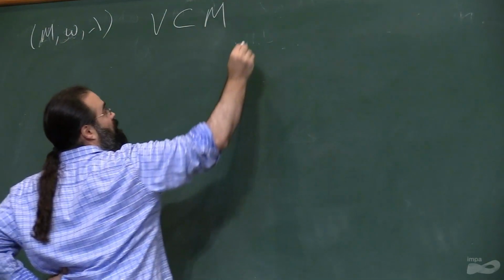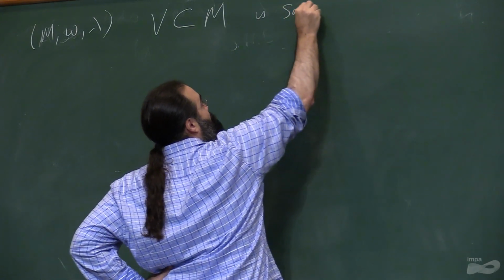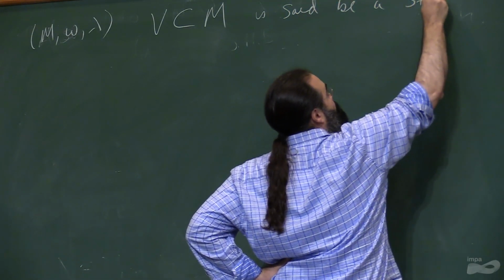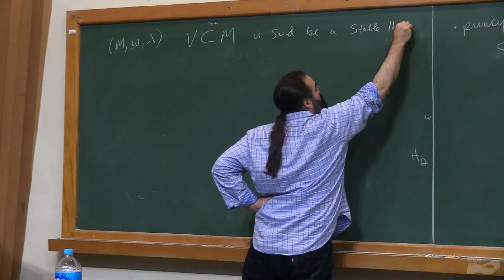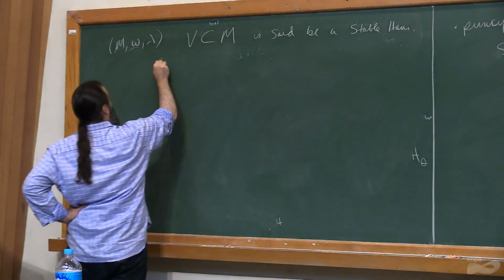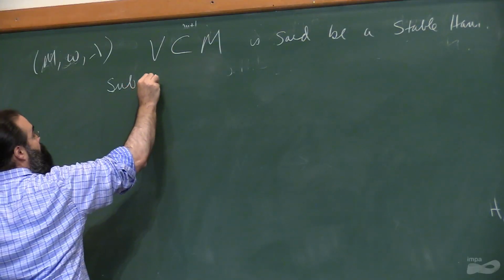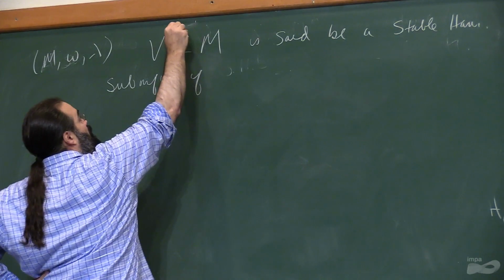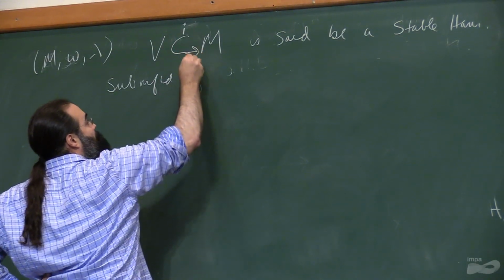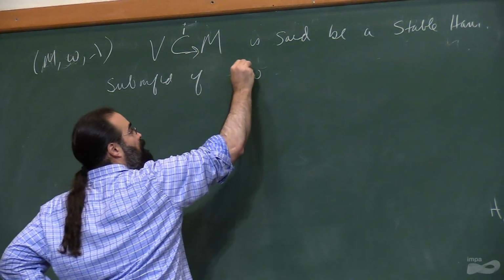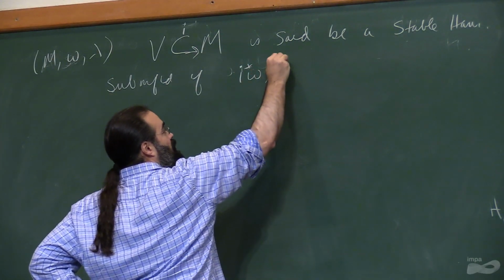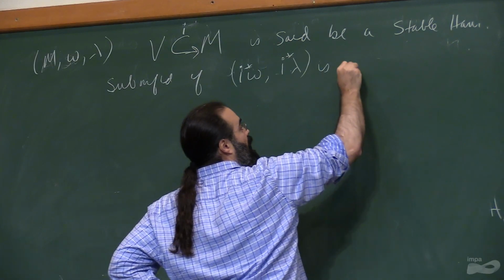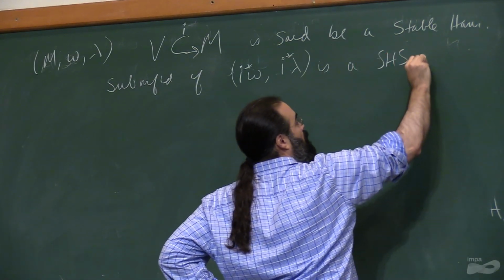A submanifold is said to be a stable Hamiltonian submanifold if, let's put an inclusion map here, the pullback of the stable Hamiltonian structure is a stable Hamiltonian structure on V.